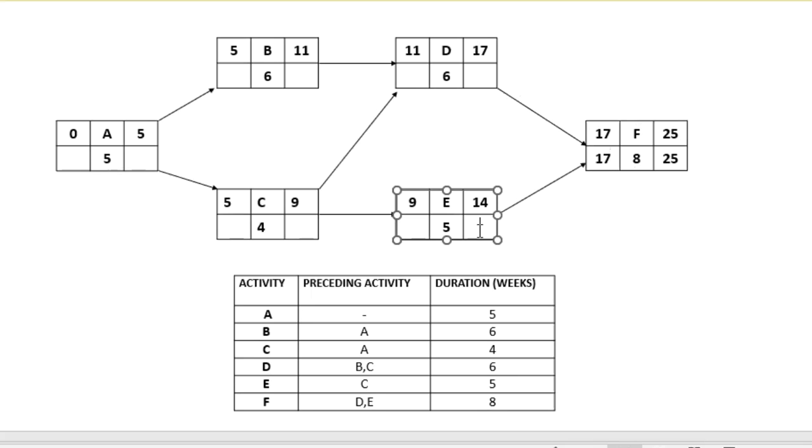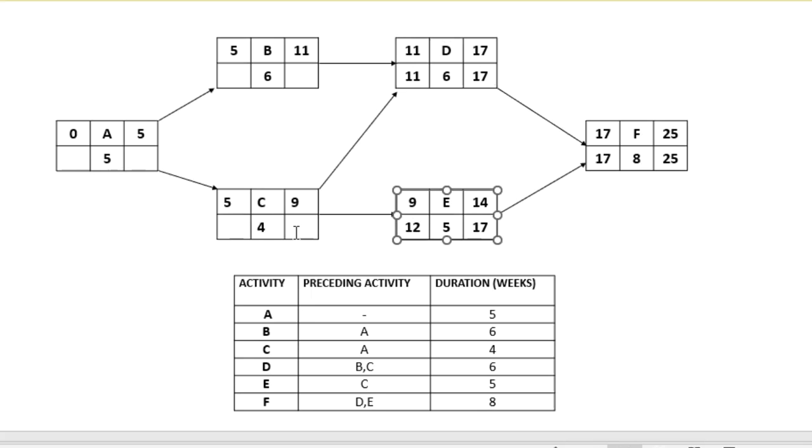The same will go for D. The latest start time for D, remember what I said you are to do? You take the duration from the latest finish time, 17 minus 6, and you get 11. Same thing for E, 17 minus 5, and you get 12 weeks.